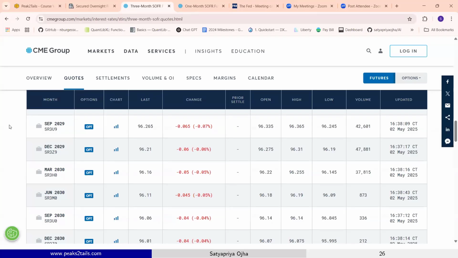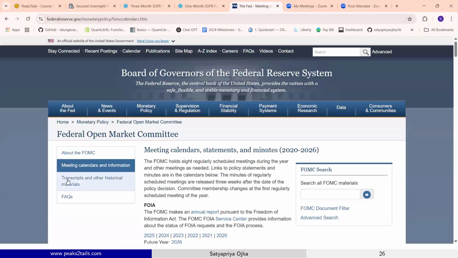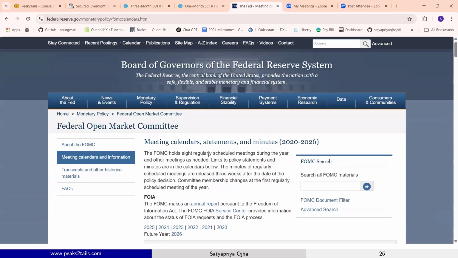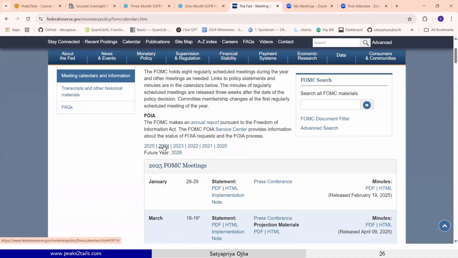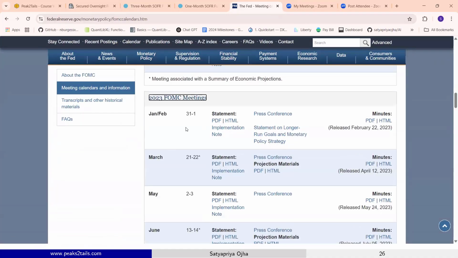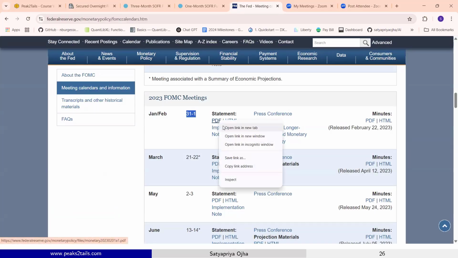Based on the outcome of that meeting, the SOFR rate jumps. Let me show you. In the year 2023, for example, the committee met on January 31st and February 1st. What was the outcome of that meeting?